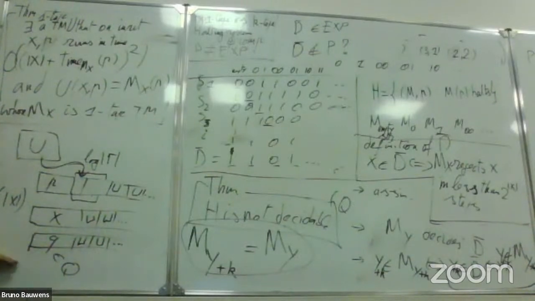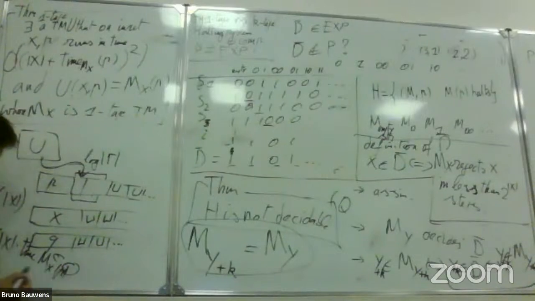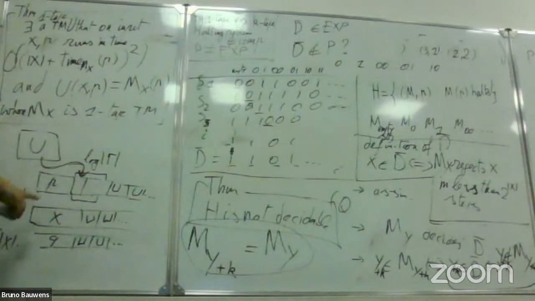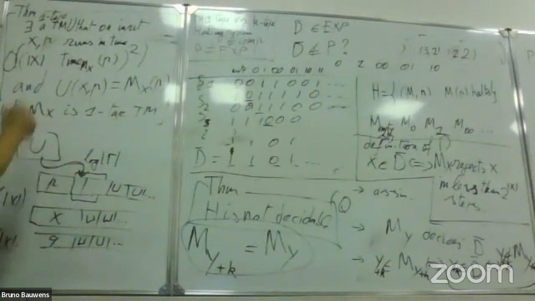Now we have a three-tape Turing machine that solves U, and its runtime is order length of X times time of M_X on P. It's not so beautiful. Now we want to simulate this machine by a one-tape Turing machine. And it should not be plus here, but times.